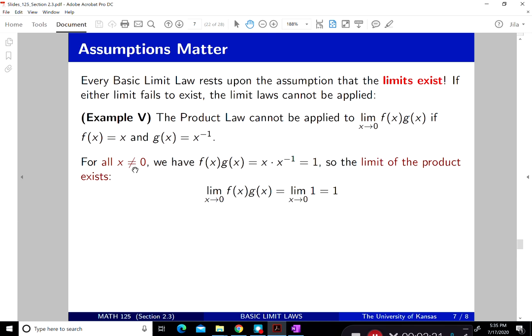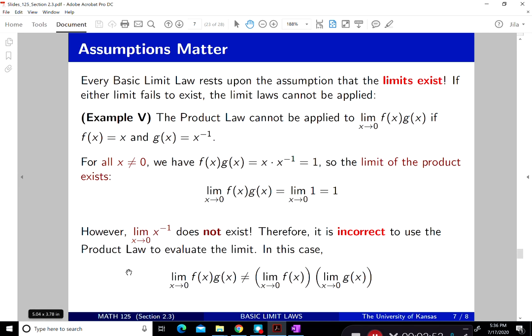It's just that the domain of the product does not include x equal to 0, so x equal to 0 has to be taken out of the domain. And if we use the product law, we wouldn't get the right answer because of the assumption that is not satisfied.